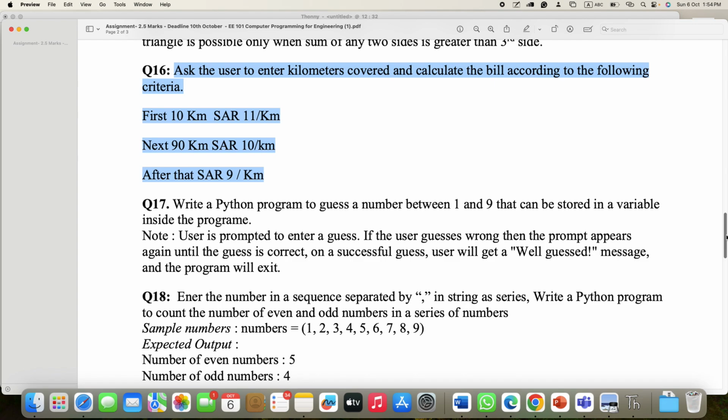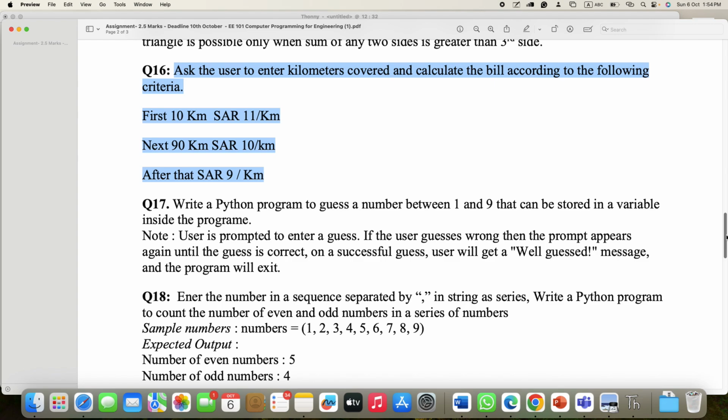What does it say? It says ask the user to enter kilometers. So imagine you have rented a car and they charge you per kilometer you have driven. The offer is the first 10 kilometers you do, you get charged 11 real per kilometer, which is very expensive, by the way.